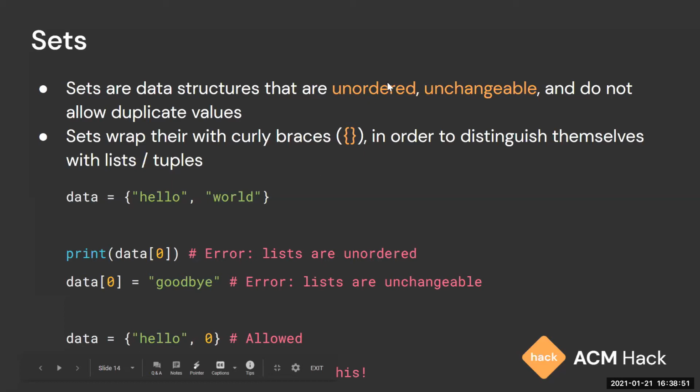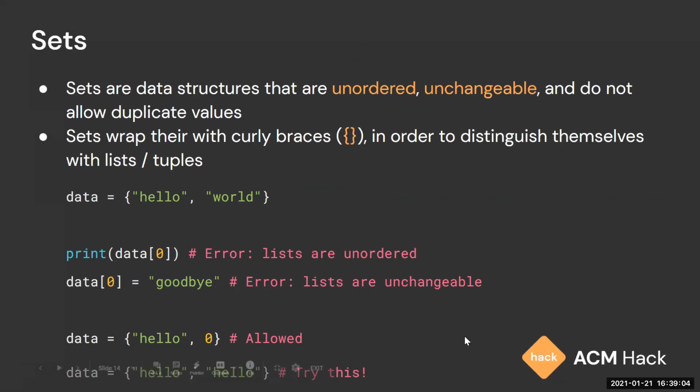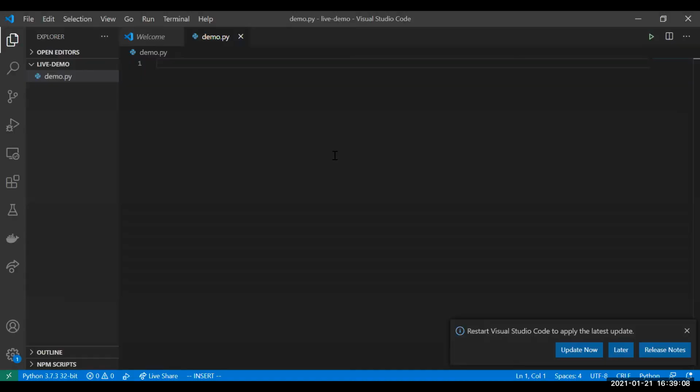And technically, sets should not allow duplicate values, but so I'm going to share my screen, and are we seeing my entire screen right now? Because I need to share my, okay. So let's try to declare a set that has duplicate values.